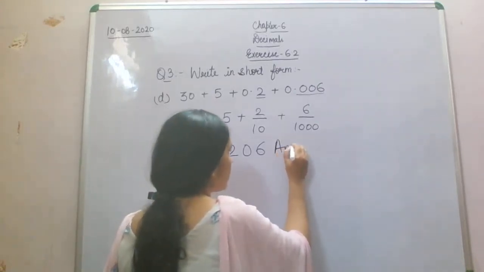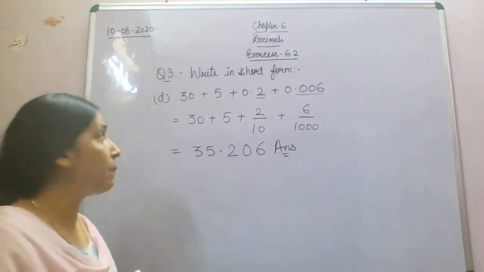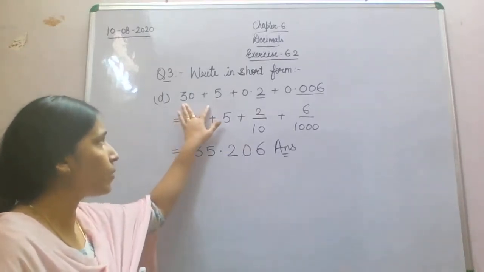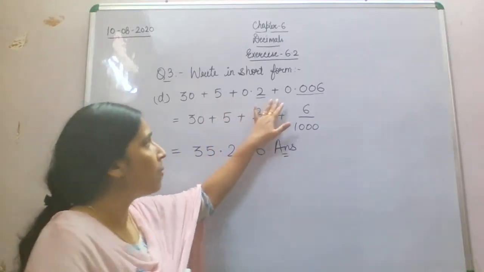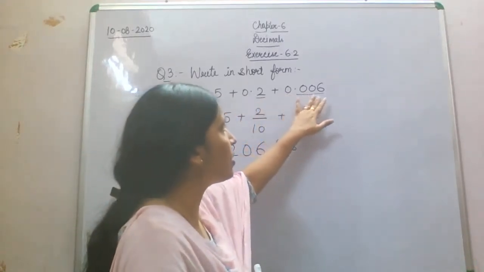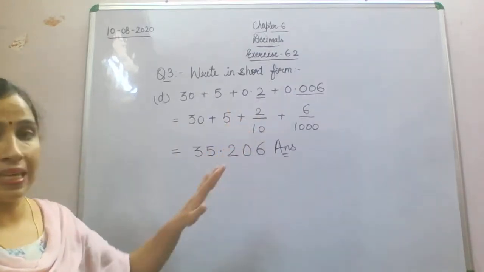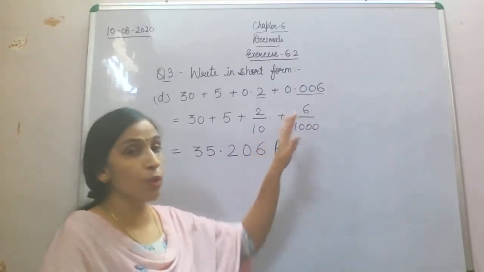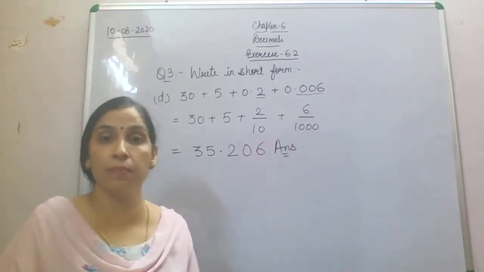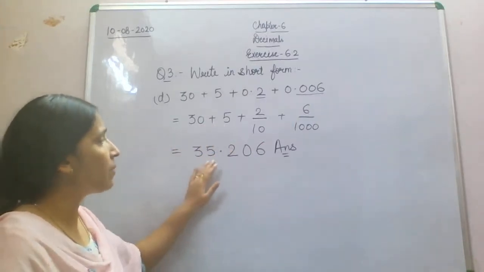Let's see this D part once again. 30 plus 5, you have been given with this question. 30 plus 5 plus 0.2 plus 0.006. Now this is your 10th part, 1/10 of that decimal place, and this will be your 6 thousandths of decimal place. So what we will do here, 30 plus 5, that will become 35.